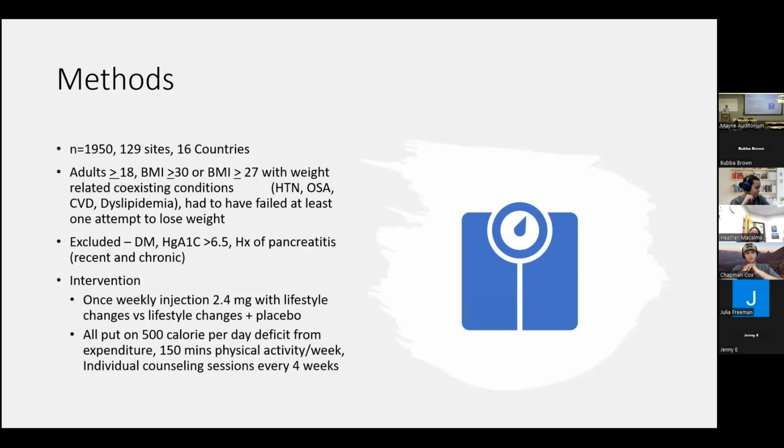So this study included 1,950 people. It was conducted in 129 sites over 16 countries, so all over the world. If you think about it, if it's all over the world, that's not a very big N to me. The N is fairly small for 16 countries, but that's just my opinion. The inclusion criteria were that they needed to be 18 years or older, so you had to be an adult.